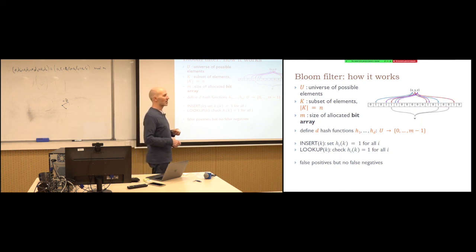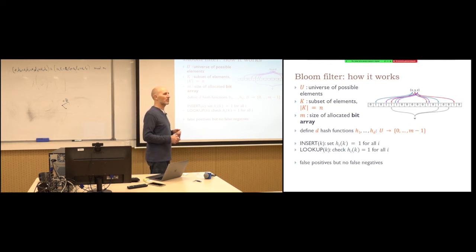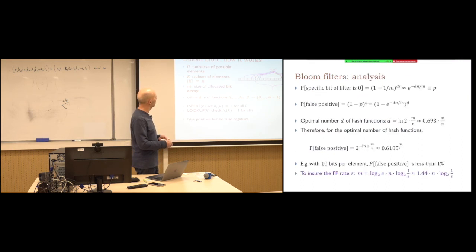Bloom filters are known to be a bit problematic with respect to the cache misses problem, but otherwise, if everything is in the main memory, then they are pretty fast. So there is no problem actually.